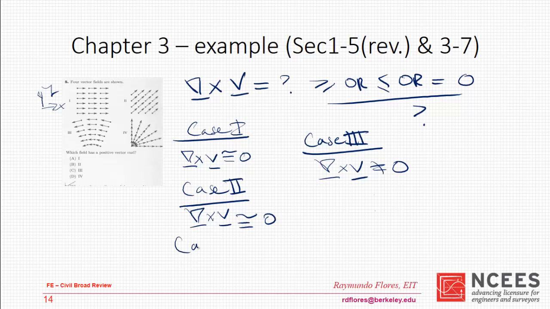What's going on with case 4 is that it kind of looks like it's changing direction, but as you can see, it's pointing in the same direction. It's hard to explain, but let's suppose you were to get something that looks like this. If you were to take a vector field that looks like this, can we think of any examples?